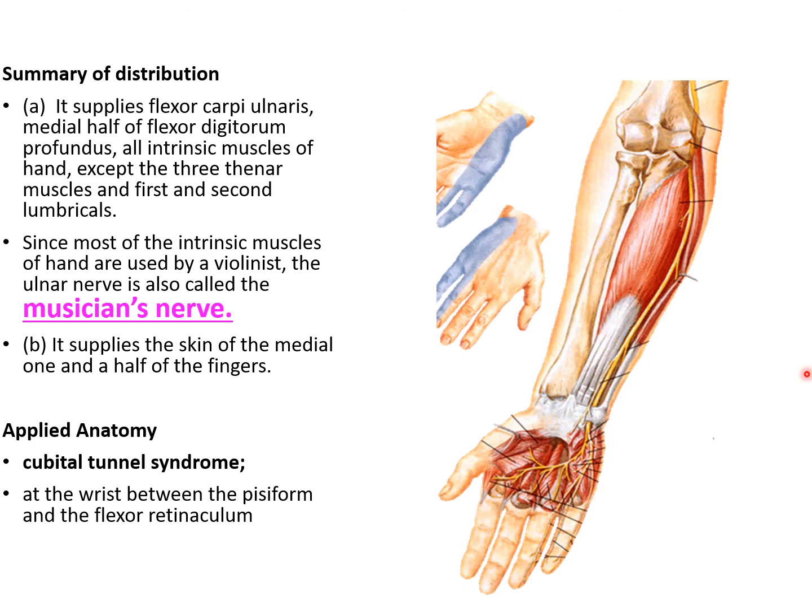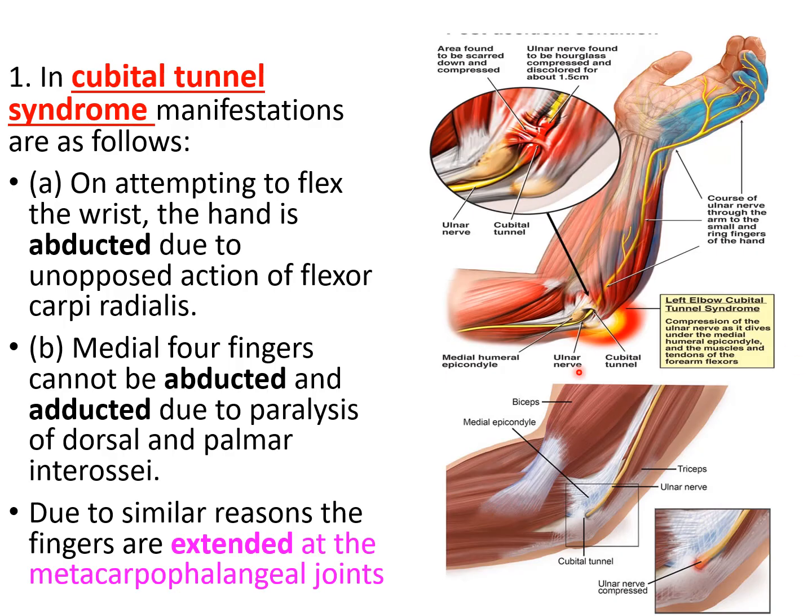Talking about the applied anatomy, the common sites of compression or division of ulnar nerve are behind the medial epicondyle, producing the cubital tunnel syndrome, and at the wrist between the pisiform and the flexor retinaculum below the hook of hamate. In the cubital tunnel syndrome, on attempting to flex the wrist, the hand is abducted due to unopposed action of flexor carpi radialis.